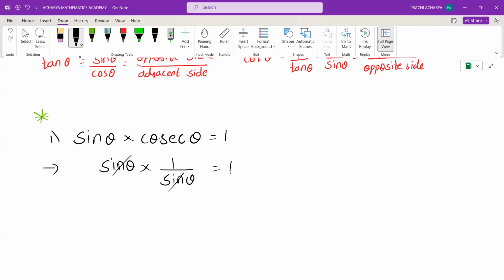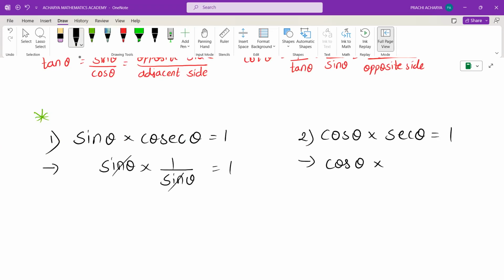Correct? Similarly, we can write for cos and sec. Cos theta into sec theta will always give you identity 1. Again, you can try checking this.